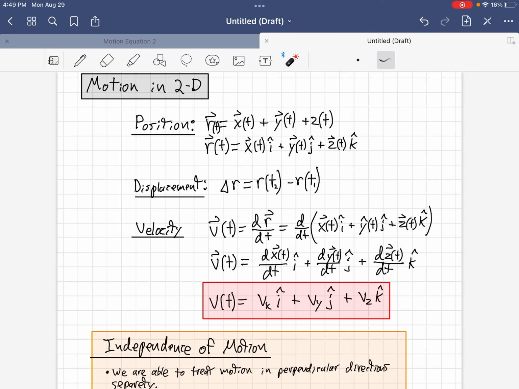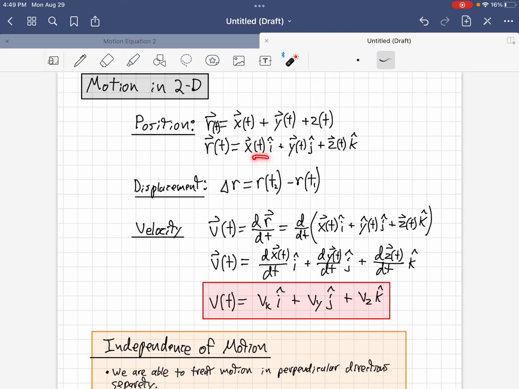All right, so if you remember, position is a vector that can include three different components: your x component, y component, and z component, where i, j, and k are unit vectors. So your position vector could be x times unit vector i and y times unit vector j.